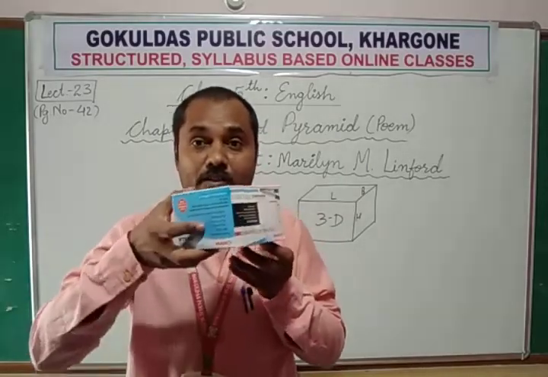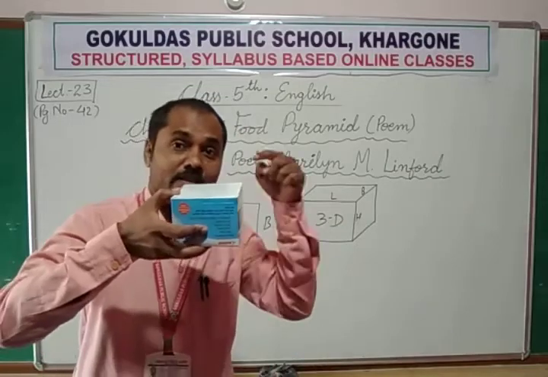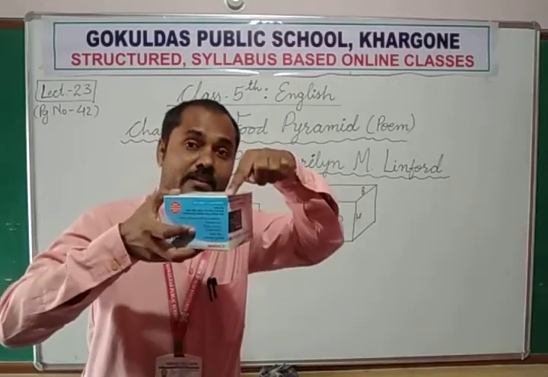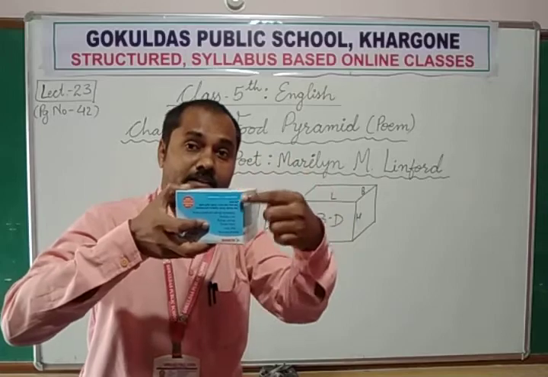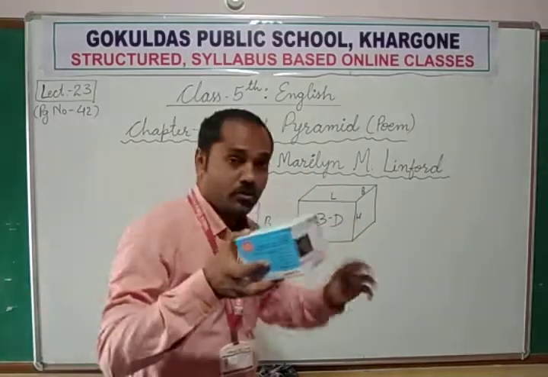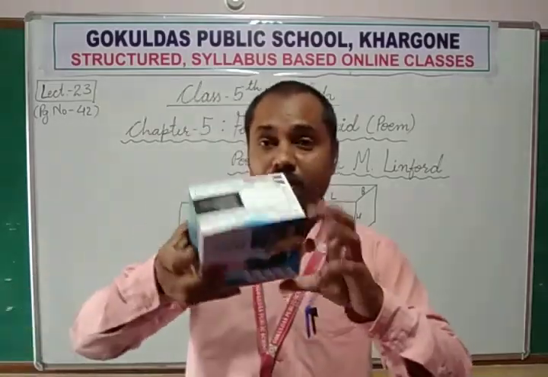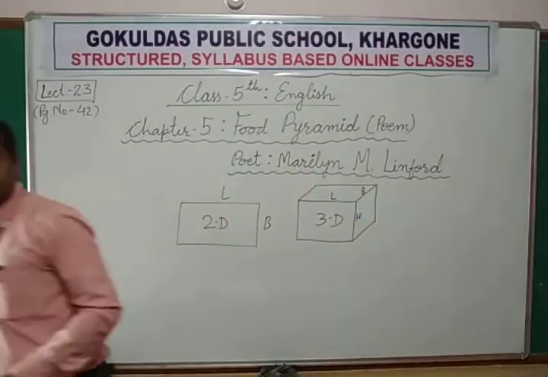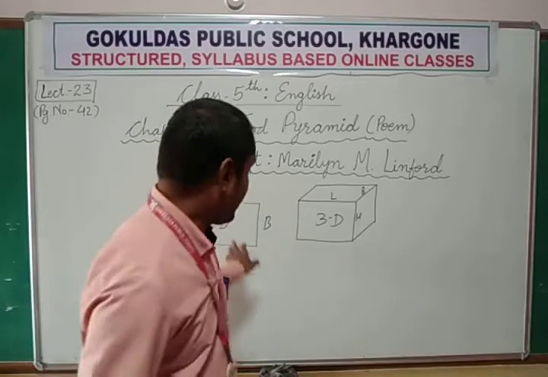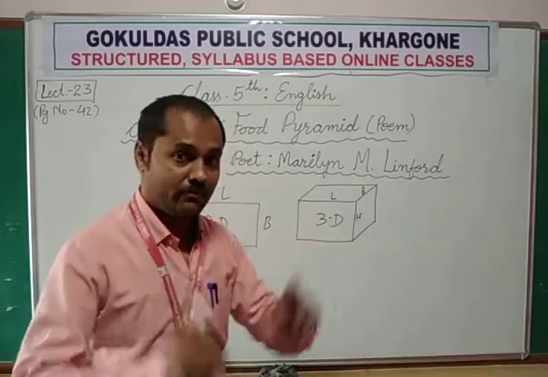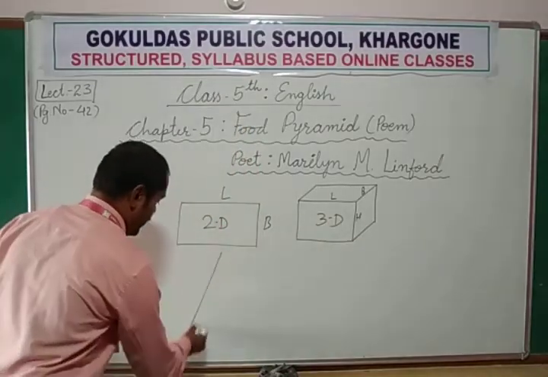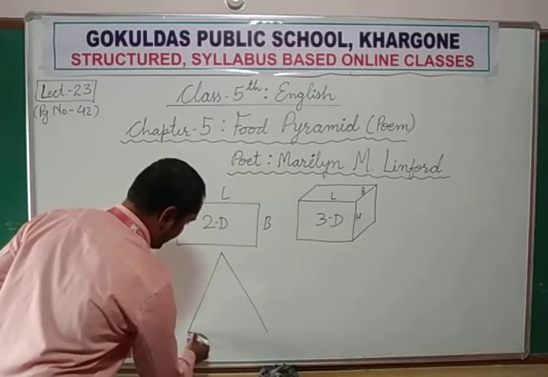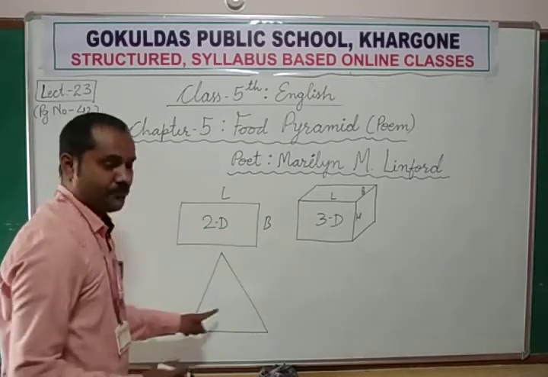If you see from this side, this is length, this is breadth, and this is height. So this three-dimensional thing is called what? Cuboid. Rectangle, cuboid.